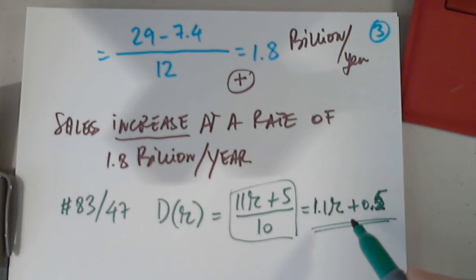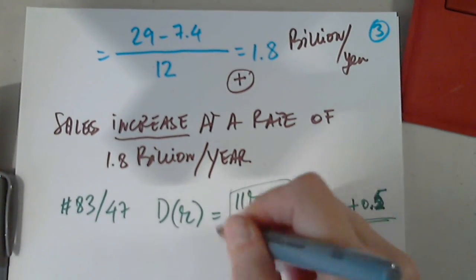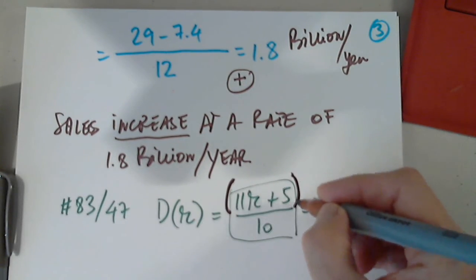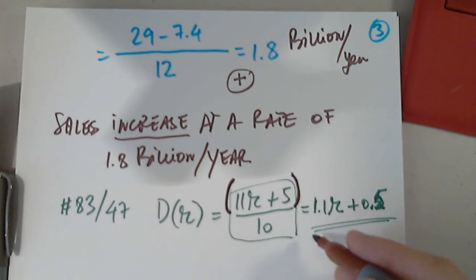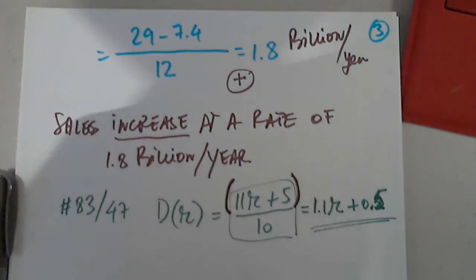I prefer when I plug in the calculator not to have a fraction, but it doesn't matter. I caution you on one issue, though. If you put it this way in the graphing calculator, you have to have parentheses around the numerator. If you put it like this, then you don't. Okay? So it's up to you.